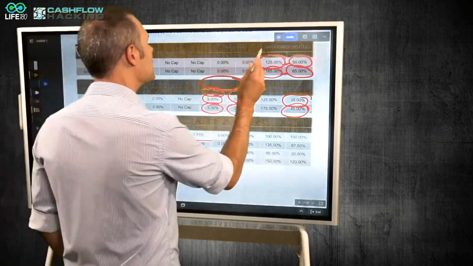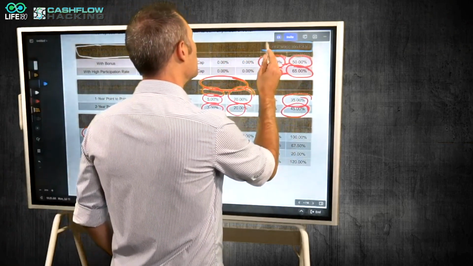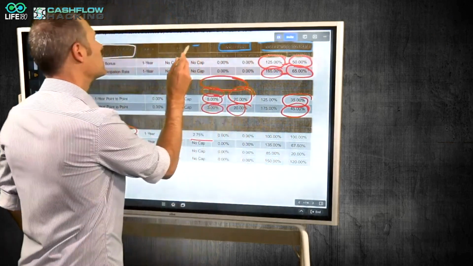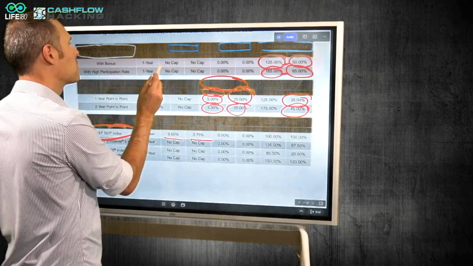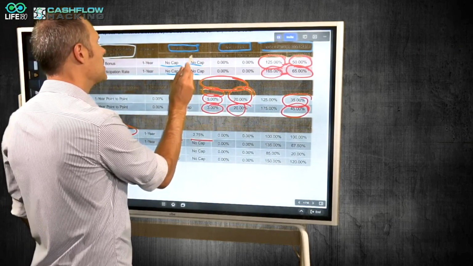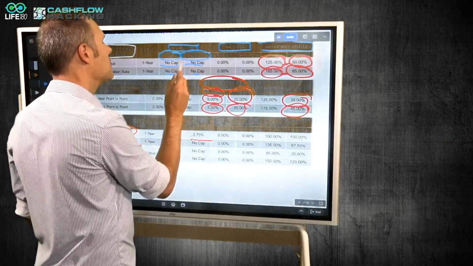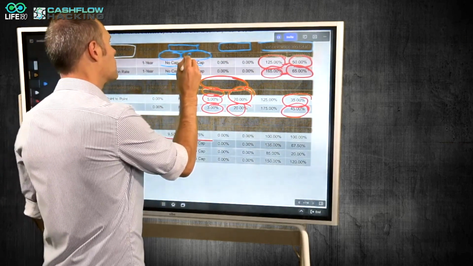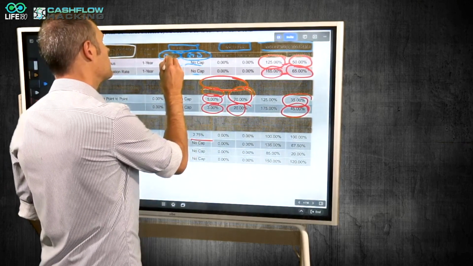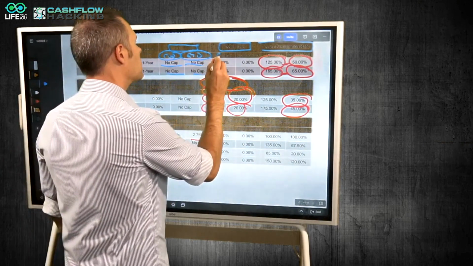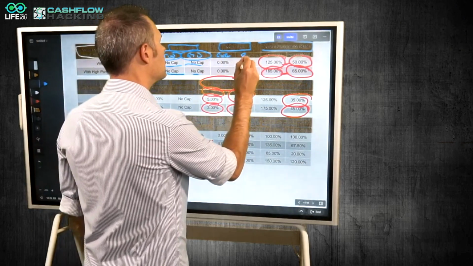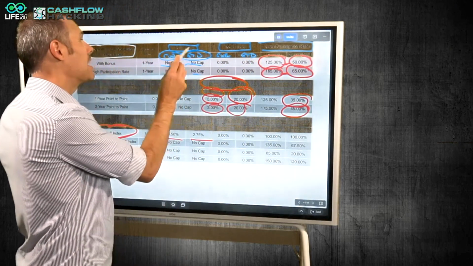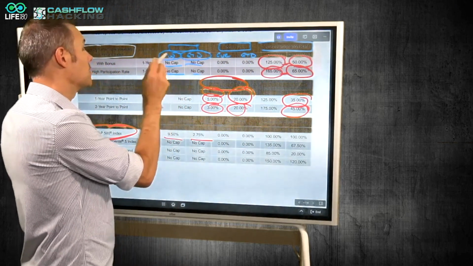But here's the deal. This is the index participation rate. This is the index floor. This is the index cap. Now you can see here there's no cap, guaranteed and current. So I'll just write here GTD and CUR for current. So you can see that for the index cap, there's no cap because it's a no cap product, right?